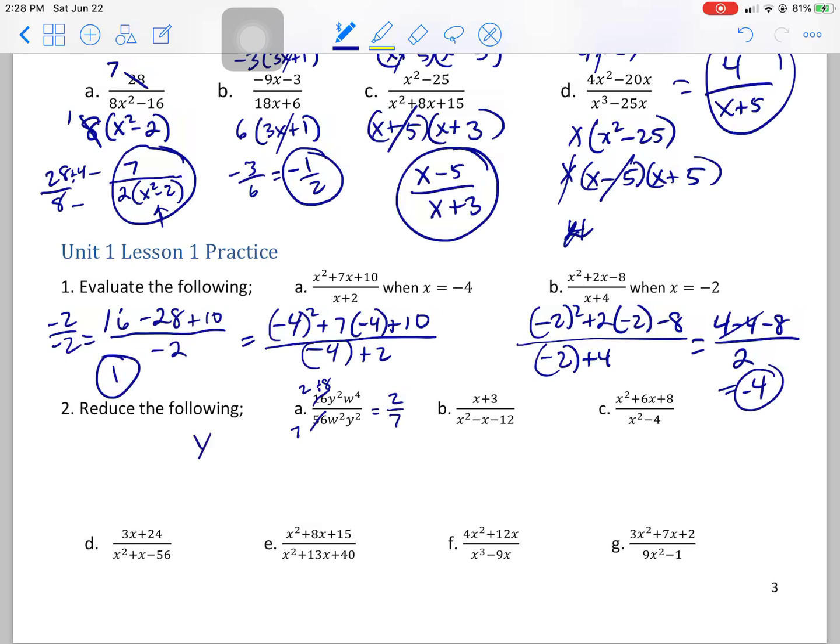If you have y squared over y squared, that equals 1. So the y's disappear in your answer. And then you have w to the 4 minus 2 is w squared. So that means there's extra. This is positive, so that goes on top. Or notice that there's 4 on top, 2 underneath. And when we reduce them, you're going to obviously be left over with w squared on top. So that's your answer for that one.